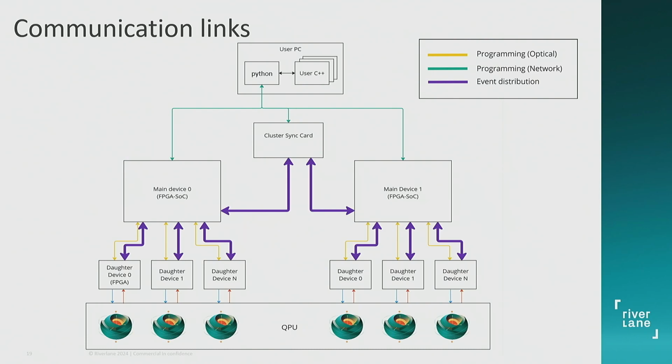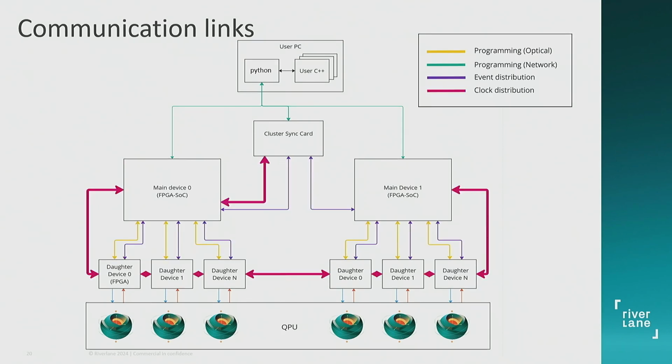So the reason why we have dedicated links for that is that this link is part of the error correction cycle, which requires extremely low latency, but doesn't move quite as much data as the programming links. So they have very different requirements, which makes sense to have a dedicated link for that.